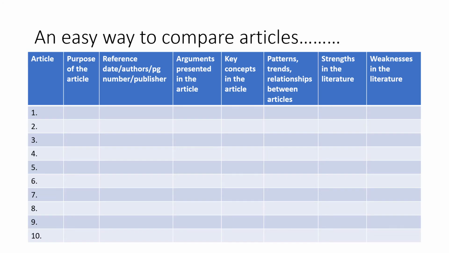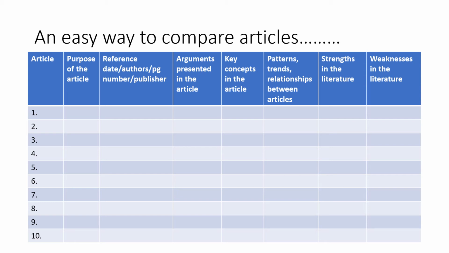Now, of course, everybody studies differently and everybody researches differently. This is one of the ways that I put together my own literature reviews back in the times that I was doing these things for my master's.